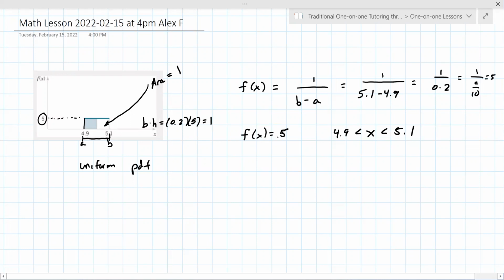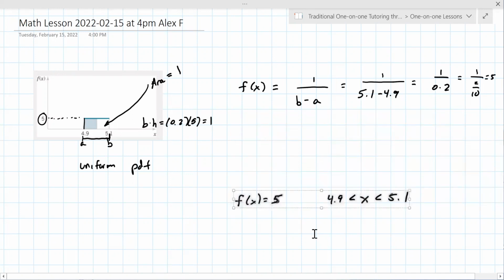In full disclosure, f of x equals 0 when x is less than 4.9. Say that one more time?